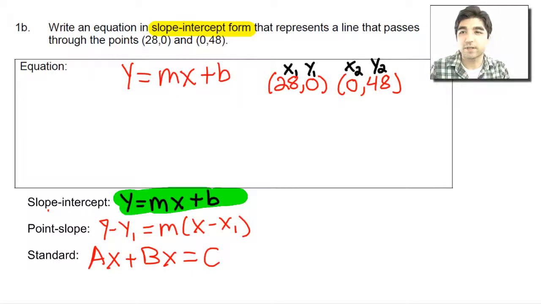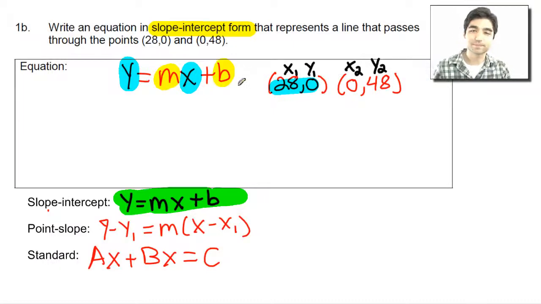Now we see in our equation, let me highlight some stuff here. We have a y point and we have an x point, and we got x's and y's over here. So those are kind of taken care of. But the problem with this equation is that we don't have this m and we don't have this b.